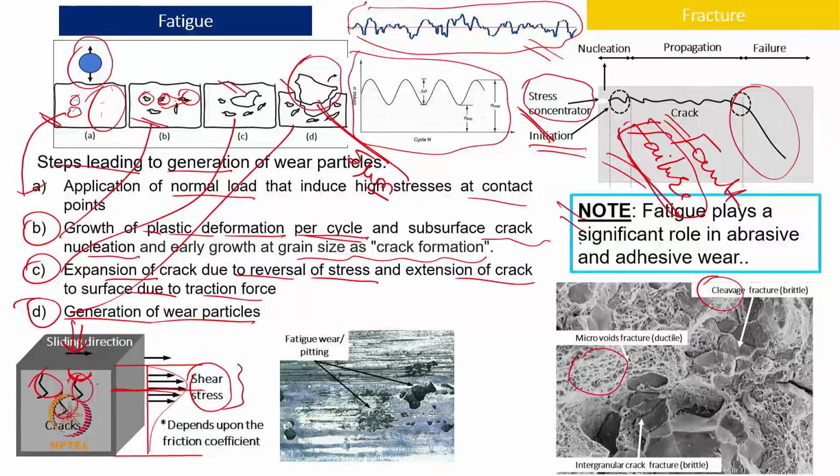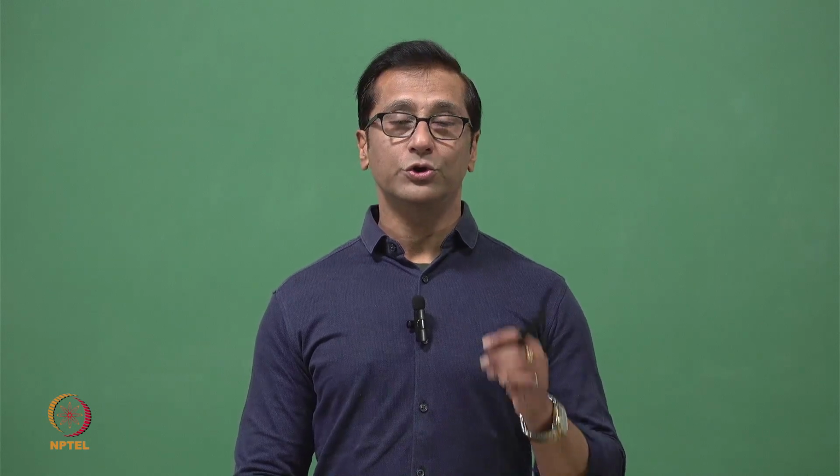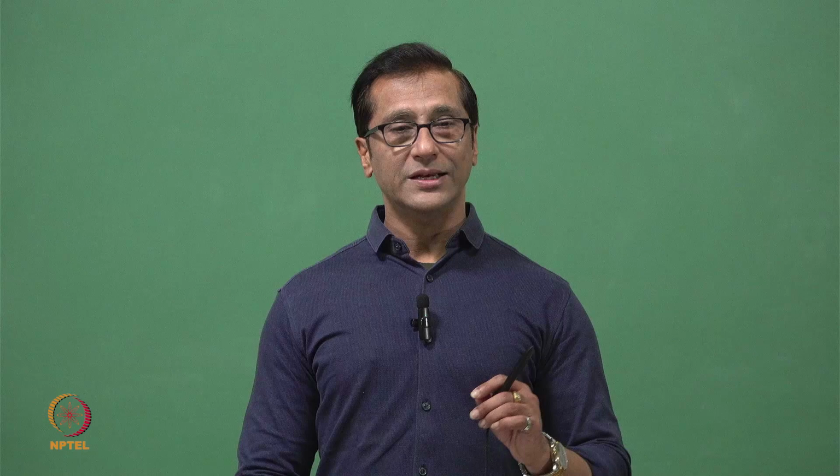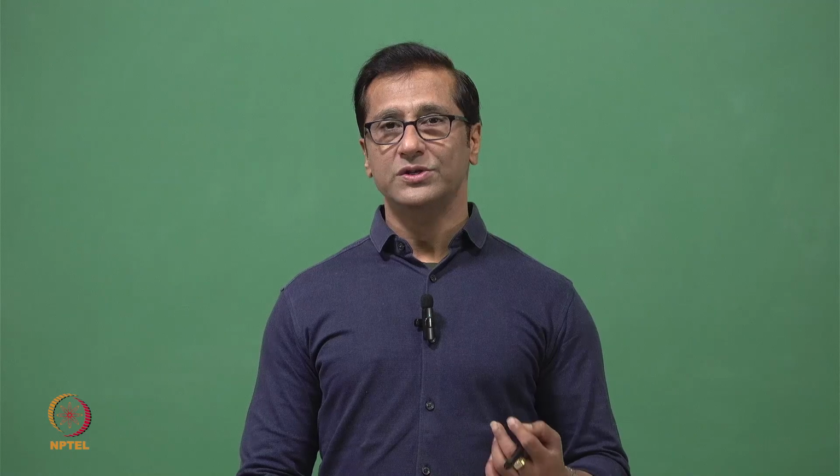So finally we say that even fatigue gives a particle which can act as an abrasion, which can act as an adhesion. So these three, abrasion, adhesion, and fatigue, play a major role in failures, and they can work together. One failure leads to another failure, leads to the third failure. Of course, if somebody wants to find out only the root cause, then they need to go to the detailed mechanism. Otherwise, they work together, and in almost all situations you will find somewhere abrasive wear, somewhere adhesive wear, somewhere fatigue wear also.